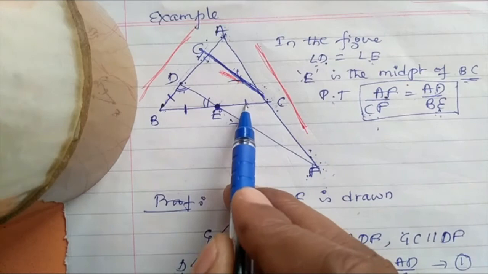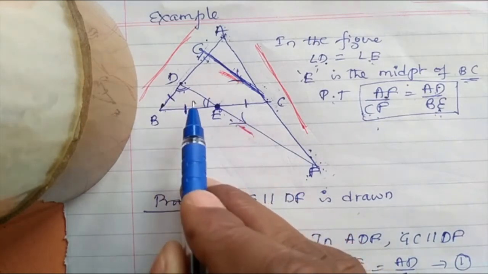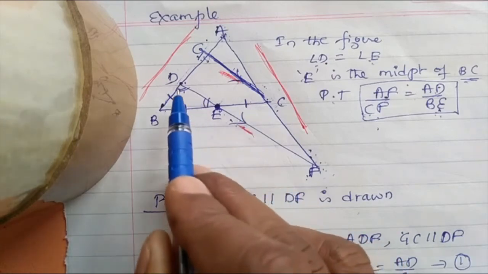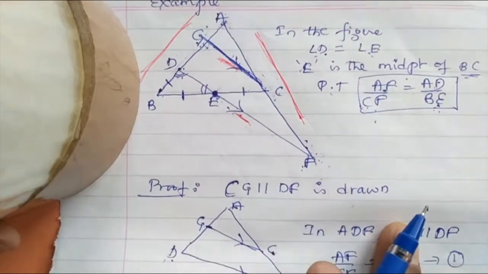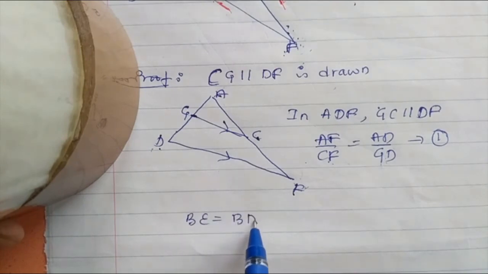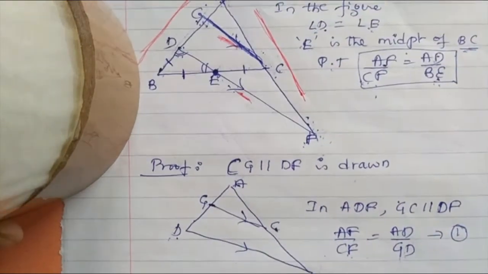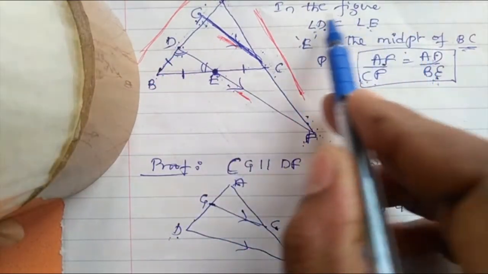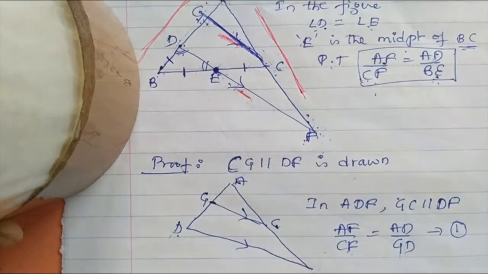Now BE equals EC. Finally BD, BE, EC, all three are equal. So BE equals BD equals EC, from the two important clues he wrote here.